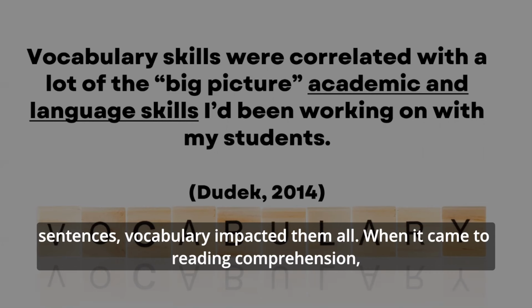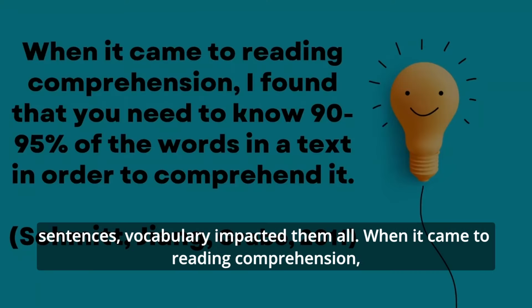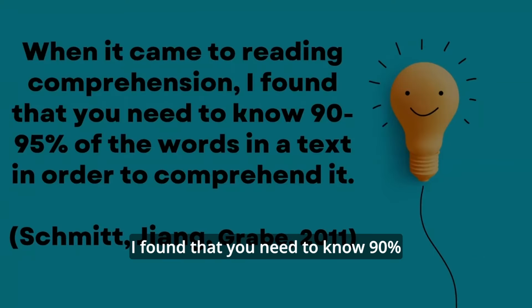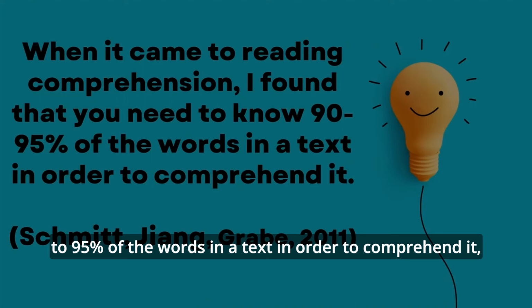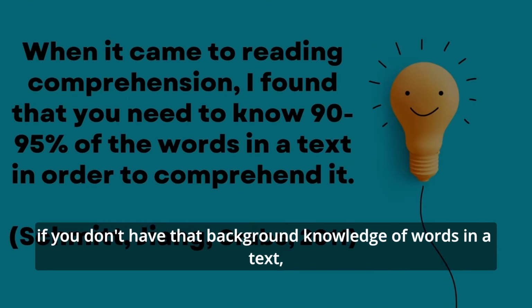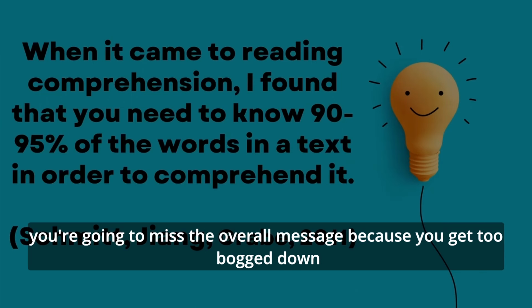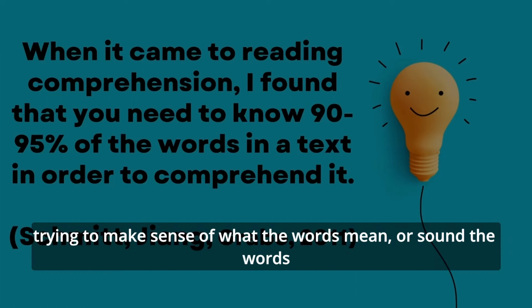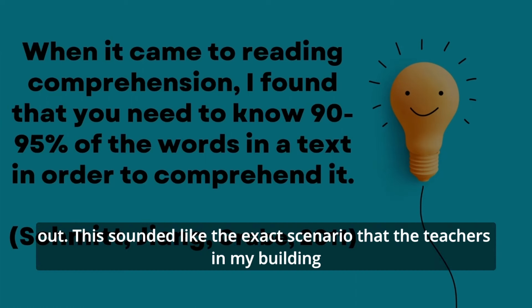Vocabulary impacted them all. When it came to reading comprehension, I found that you need to know 90 to 95% of the words in a text in order to comprehend it. If you don't have that background knowledge of words in a text, you're going to miss the overall message because you get too bogged down trying to make sense of what the words mean or sound the words out.